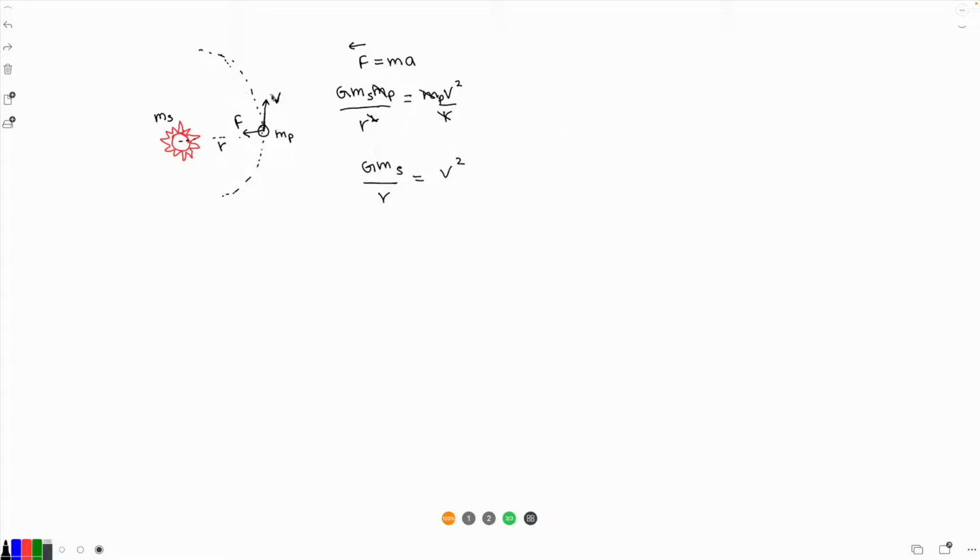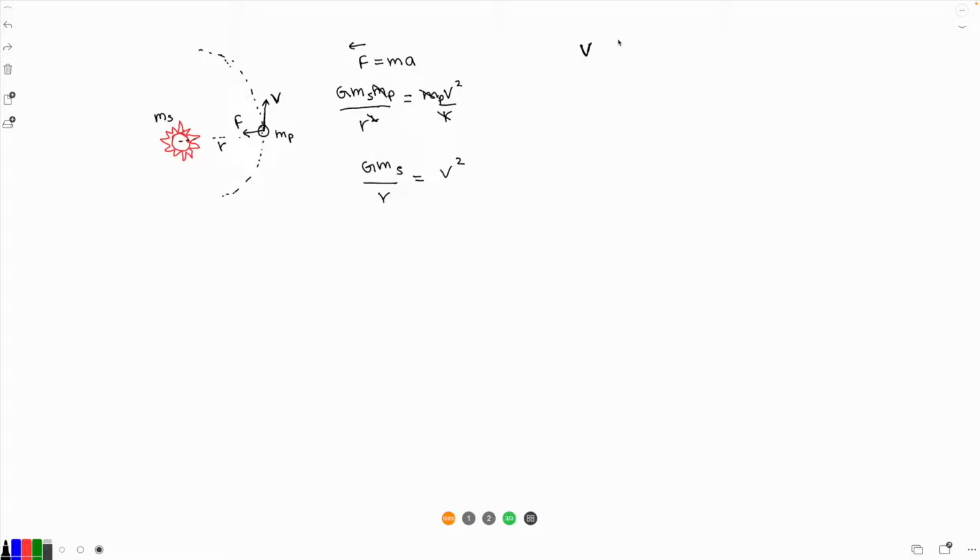So we know that the velocity, I'm going to consider the velocity is a constant, right? Velocity is a constant, and the periodic time. Periodic time means the time taken by this planet to complete one circle. We know that velocity equals distance divided by time, right?